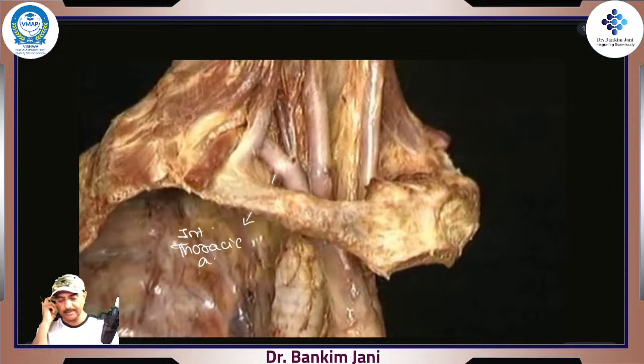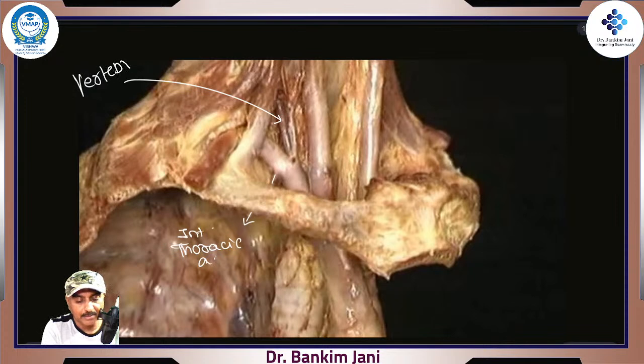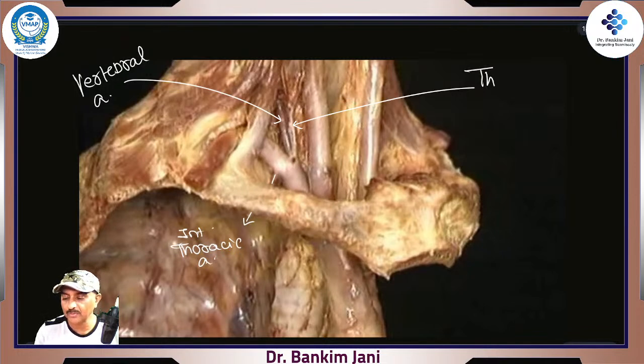But as we said, this subclavian artery will be doing something for the brain, and that's our vertebral artery. Very next to it you can see that these are the two branches which are going from the subclavian. That is the thyrocervical artery.